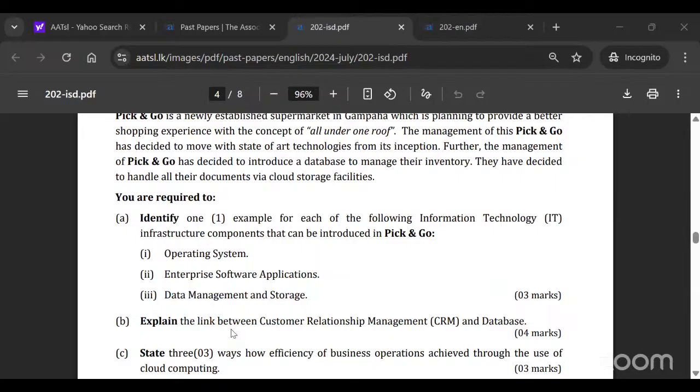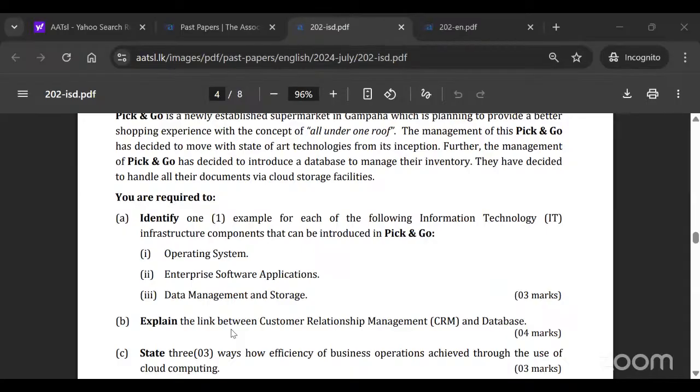State three ways how efficiency of business operations is achieved through the use of cloud computing. We are using clouds like Amazon, Microsoft Azure, Google Workspace. Mainly, cost efficiency.